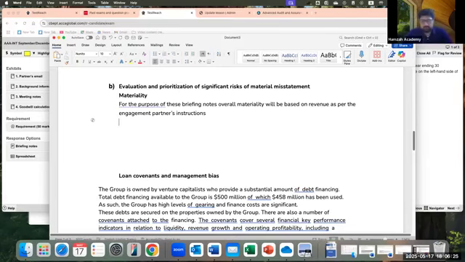Now, the benchmark is 0.5% to 1% of revenue of the company. So a range of, now we will calculate. We need not show calculations.